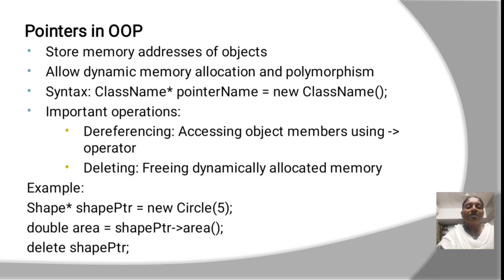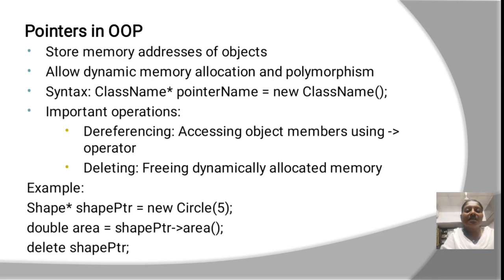Pointers in OOPS. They store memory addresses of objects. They allow dynamic memory allocation and polymorphism. Syntax for pointers: class name asterisk, pointer name equal to new class name. Important operations: dereferencing, accessing object members using the arrow operator; deleting, freeing dynamically allocated memory.